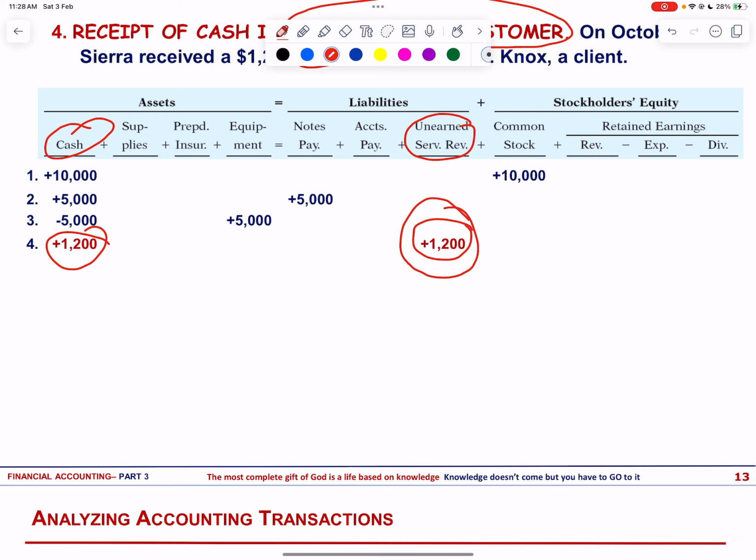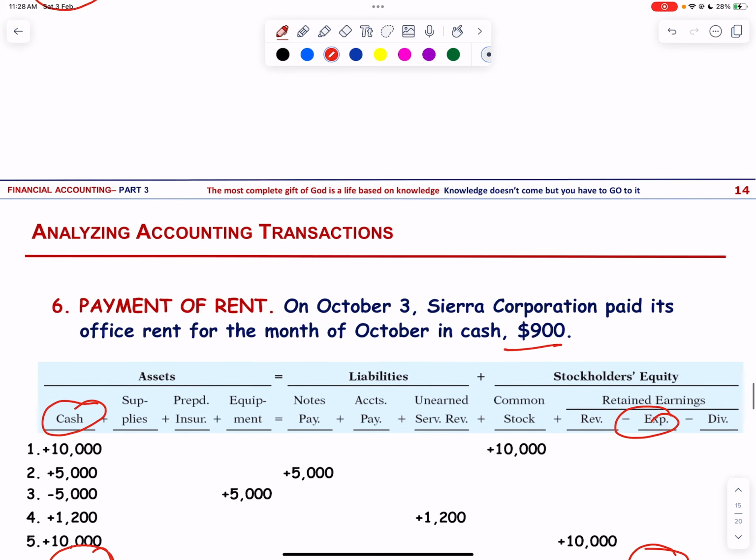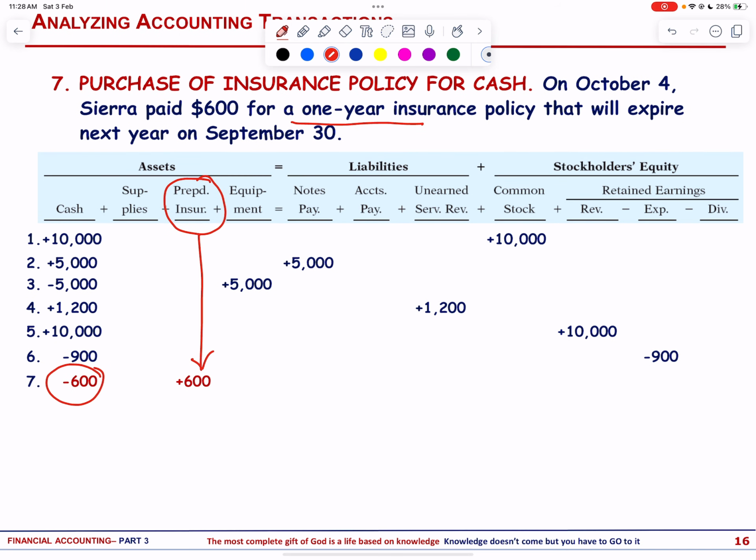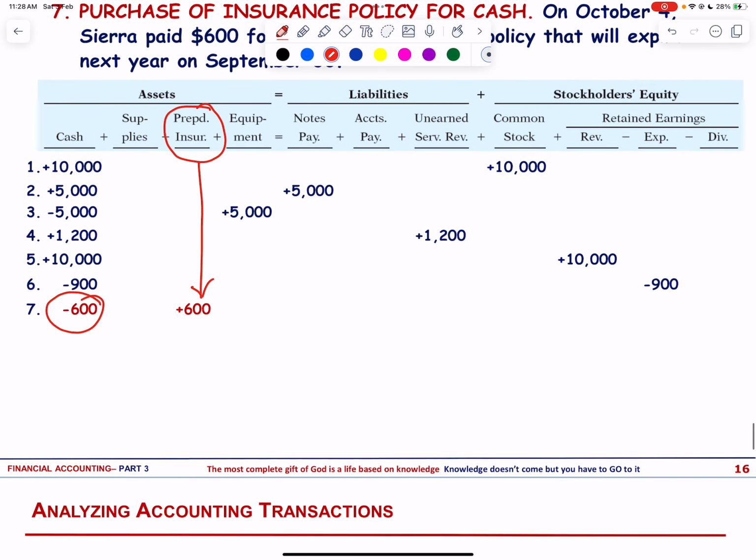So the company may be receiving in advance, or they may be paying in advance. Receiving in advance is a liability. Paying in advance is an asset. And because they have paid cash now, cash is decreasing by the same amount.